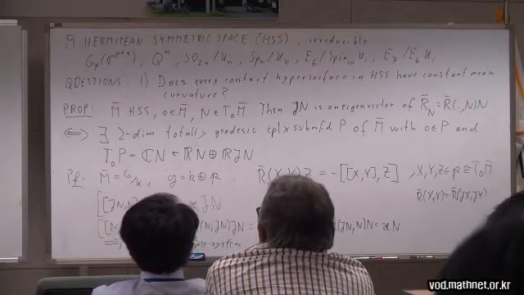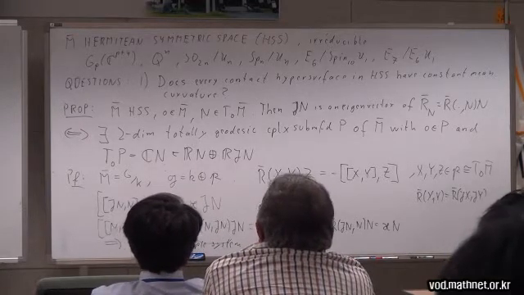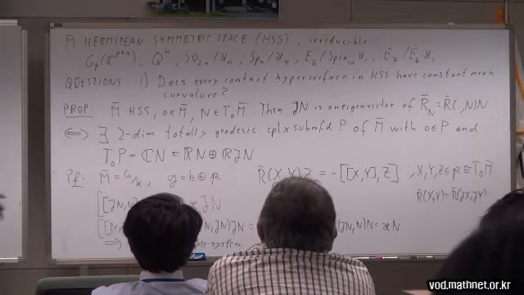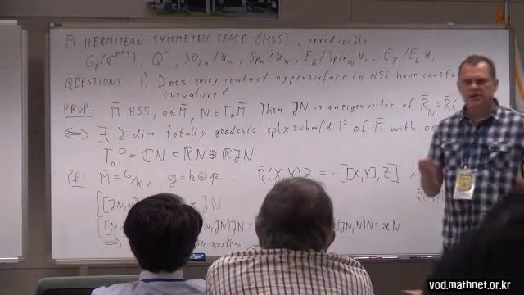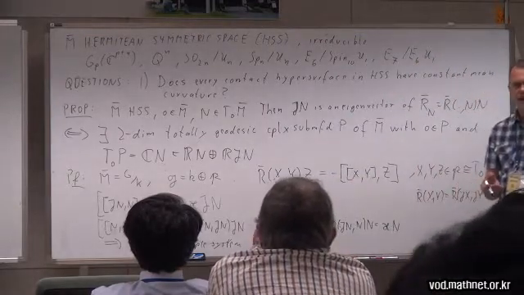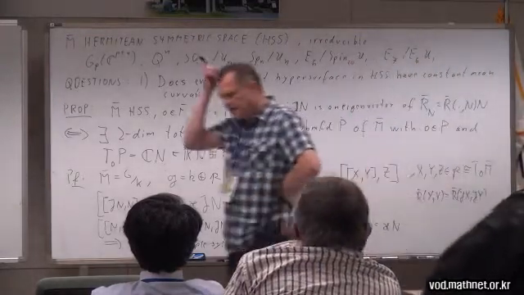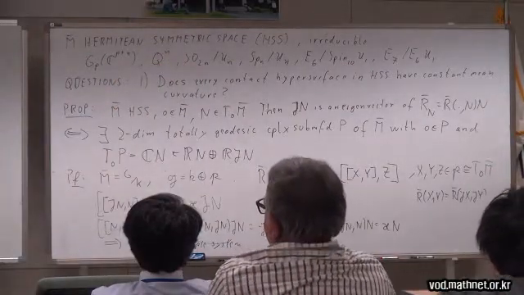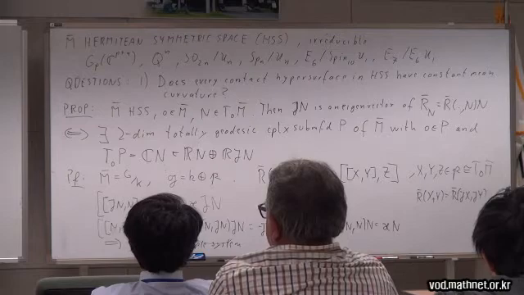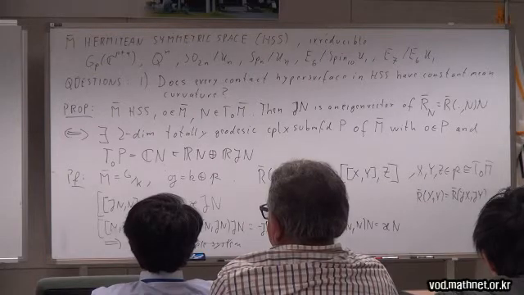So the question is, well, it's a two-dimensional totally geodesic complex submanifold. In the compact case, this must be a CP1 or a two-sphere. So it's a holomorphic two-sphere in there. And the question, and that I don't know, is what are the totally geodesic holomorphic two-spheres in a Hermitian symmetric space? I'm not aware of a classification.